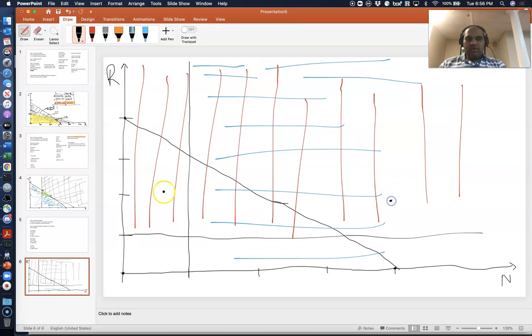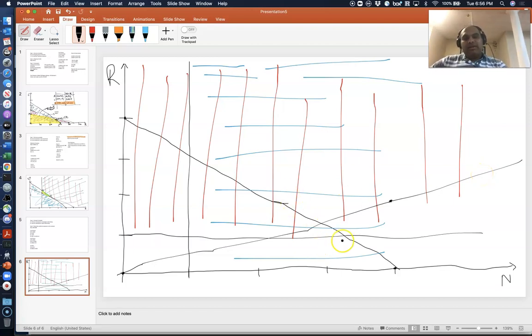So that's the second point, approximately 500 here and 1000 here. So this is my final line, n minus 2r equal to 0.